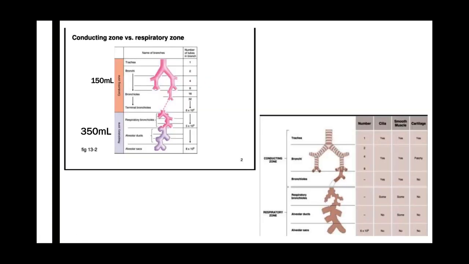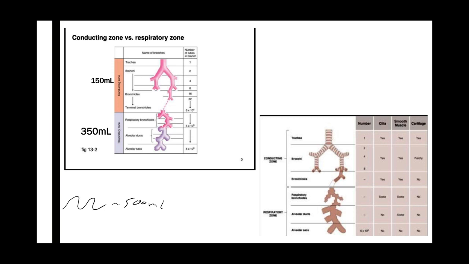Okay, here's a couple pictures of the conducting zone versus the respiratory zone. The average tidal volume is around 500 ml. Of that 500, approximately 150 per inhalation goes to the conducting zone, and 350 goes to the respiratory zone, which is good.